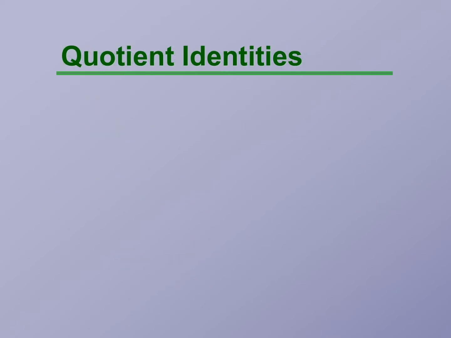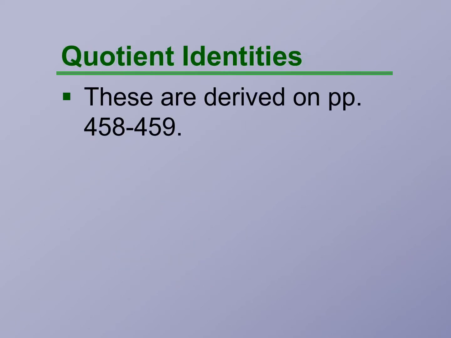Now we have the quotient identities, and you can actually find how these identities were derived on page 458 and 459 of your textbook. The first quotient identity would be tangent. So tangent is actually the same as saying sine over cosine.